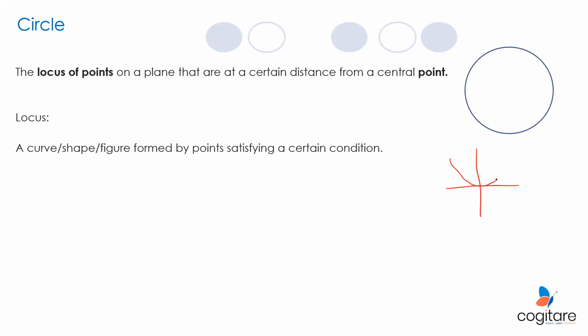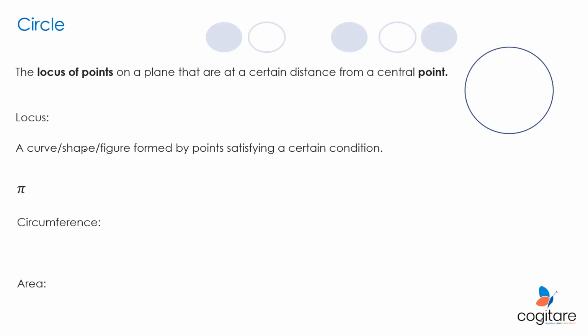So if a parabola is like this, then what's unique about the parabola is that if you have an axis of symmetry, which in this case happens to be the y-axis, then all the collection of those points that are at equal distances from this axis of symmetry, okay, gives you the parabola. So locus is a way of defining the shape. Cool? I hope you got it.